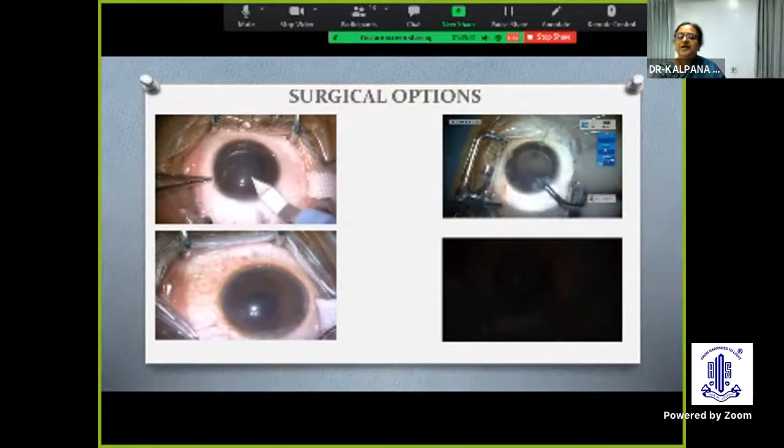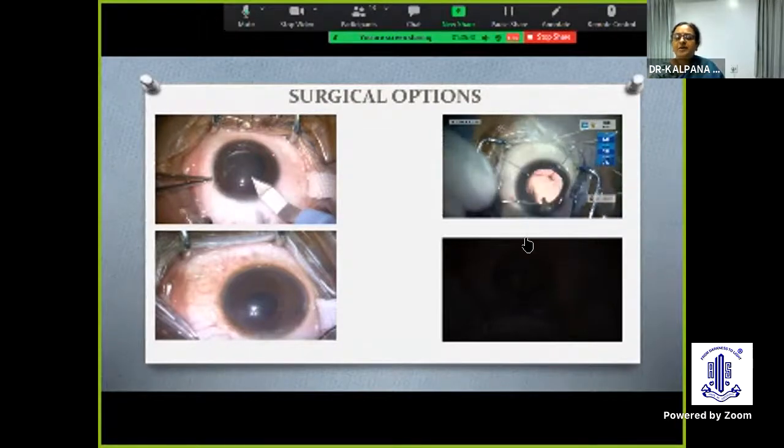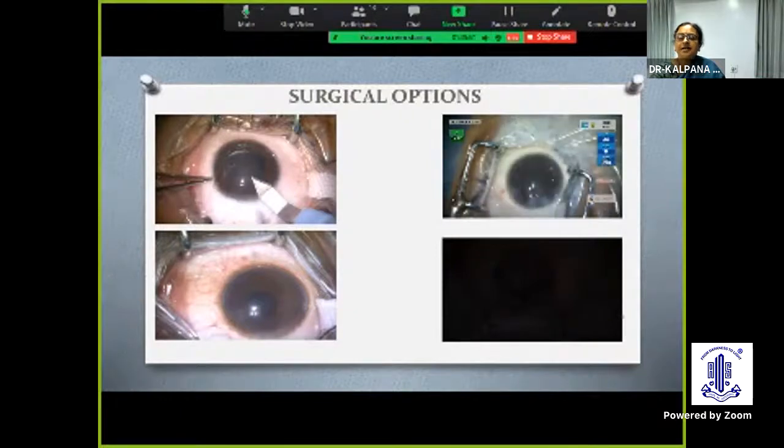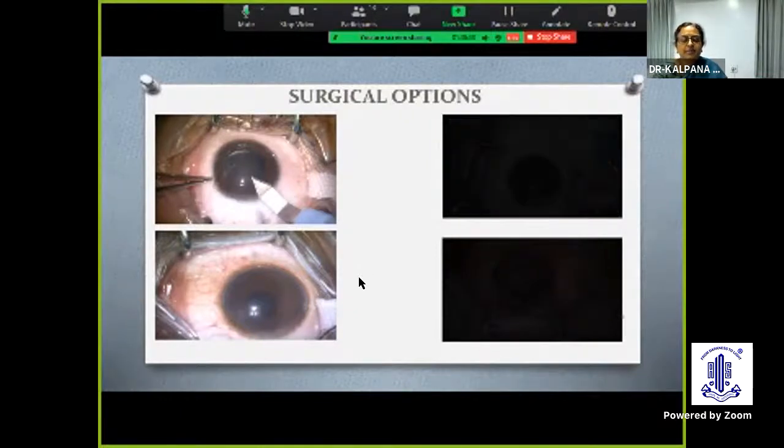And once it is done, she's trying to enlarge the rhexis. This was actually Dr. Sandra's video, which I'm showing here. Then anterior vitrectomy is done. In this patient, we try to keep the rim, so later on, if you want to plan a secondary IOL implantation, if you have some part of the rim, you can plan for iris fixation.